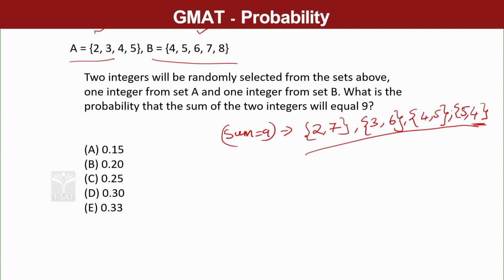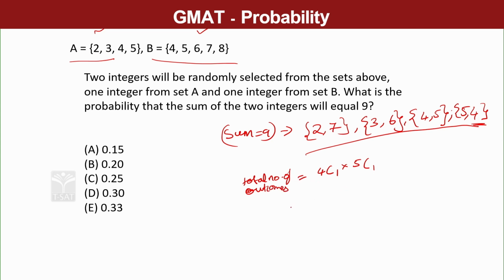The total number of outcomes of two integers randomly selected will be: A has 4, so you select one of the numbers from A, into B has 5, so you are selecting one amongst those 5. So the total number of outcomes is 4 into 5.